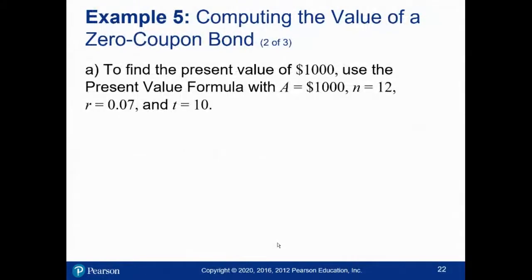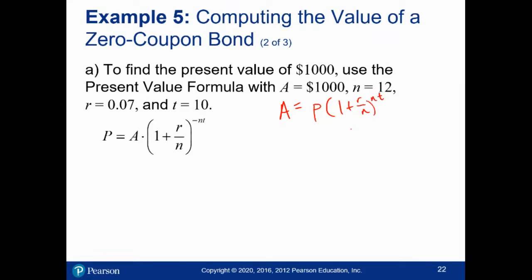We just use the formula that was given on the previous page. So the present value is P, the future value is A, the rate is 0.07, the number of compounding periods is 12 because it was compounded monthly, and the number of years is 10. By the way, the way this formula works, remember, is that we had the previous formula A equals P times (1 plus R over N) to the NT, right?